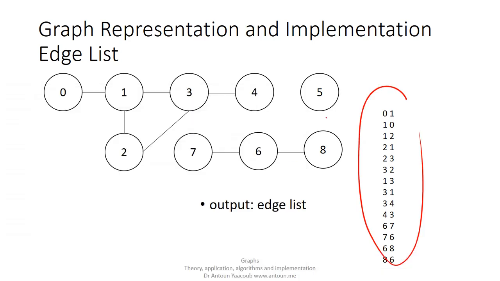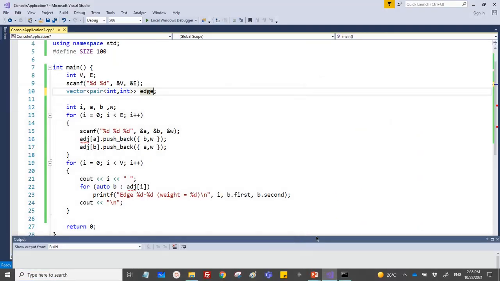So it's just an edge. I will directly read A and B. There's no W here because those are just two values. And for each edge I will add the edge AB and I will add the edge BA, obviously to the same vector.